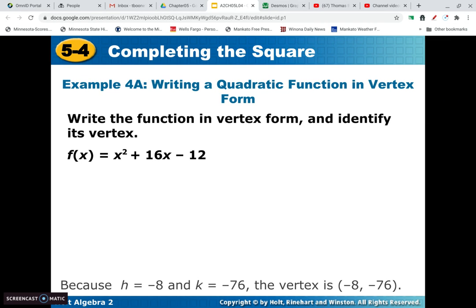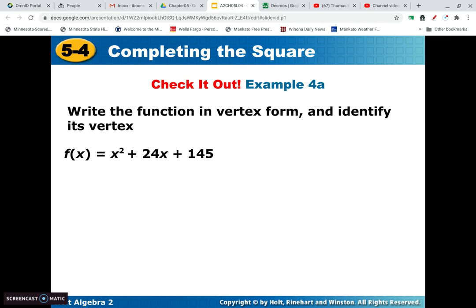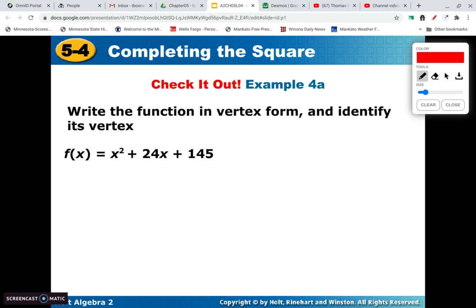Let's try another one where we do that. All right, so once again, we're going to get the variables on one side. So let's have x squared plus 24x plus blank equals. Now we're going to throw that -145 to the other side and add that same blank. Now half of 24 is 12. 12 squared is 144. So let's add that to both sides and then simplify.